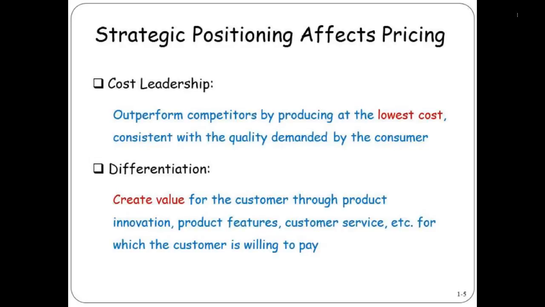So price or cost leaders will try to find the lowest cost structure they can within quality and then price off of that. Differentiators will develop the differentiated product and then find the market for it. Figure out what the market will bear for that differentiated product.